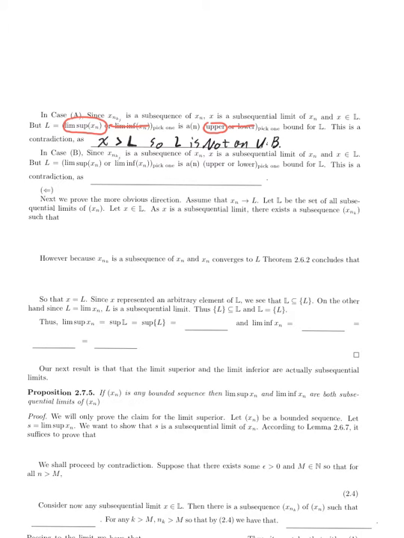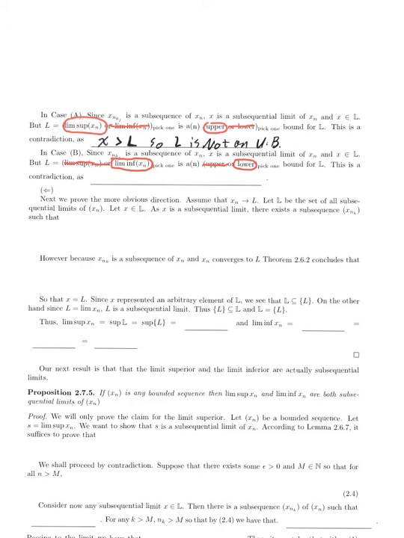In case B, x sub n sub k sub j is a subsequence of x_n, and x is a subsequential limit of x_n. So that means x itself is in blackboard bold L. Presumably now I want to use the opposite. L is the limit inferior of x_n, so it is the infimum of the set of all subsequential limits.